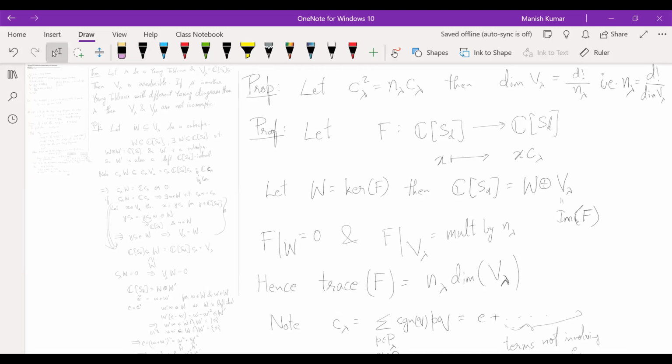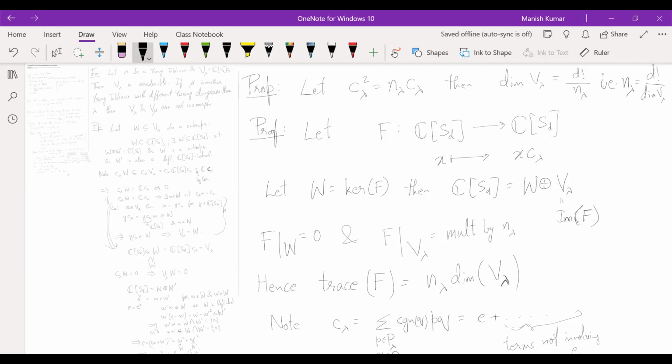So consider this map F from CS_d to CS_d, which is multiplication on the right by c lambda. Okay. So it is of course a linear map. And in fact, it's a linear map of representations, because the representation action is on the left.